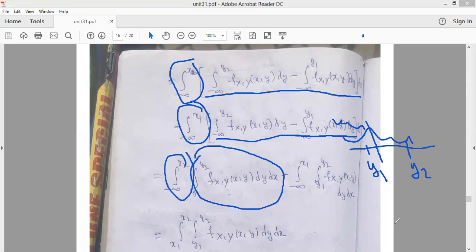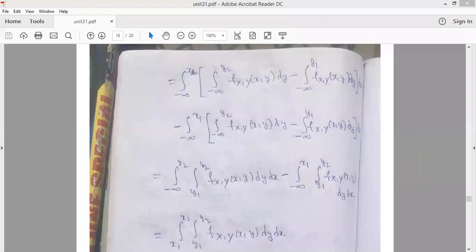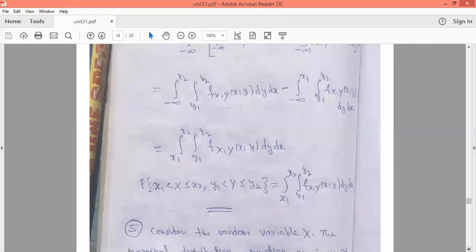What is x2 value? X2 value will be greater than x1. Okay. So the first one is having the limit till x2, whereas the second one is having the limit till x1. So the limits for x will be x1 to x2, integral y1 to y2 fxy of x comma y dy dx.